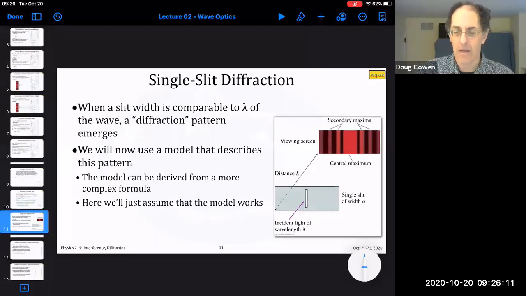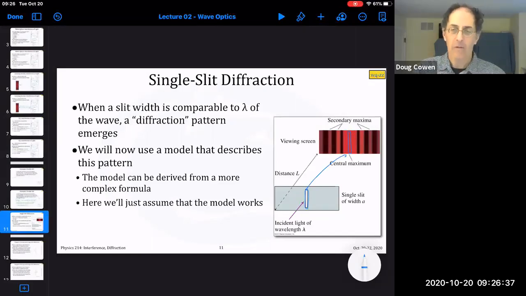What you see then is the pattern on the viewing screen that's shown in the figure on the right-hand side of the slide. What you don't see, if, for example, there were blue light coming through, is a pattern that is just an outline of this slit appearing on the screen.